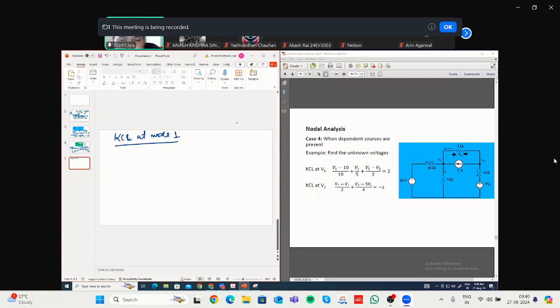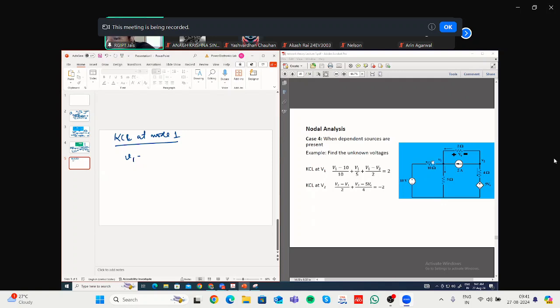KCL at node 1. V1 is the highest voltage, and this is the ground, so V1 will be greater than all other voltages. Now to find the current, we have to see the net potential across this 10 ohm resistance. On one side there is V1, on the other side there is 10 volt, and the 0 volt is not being added to the 10 volt.